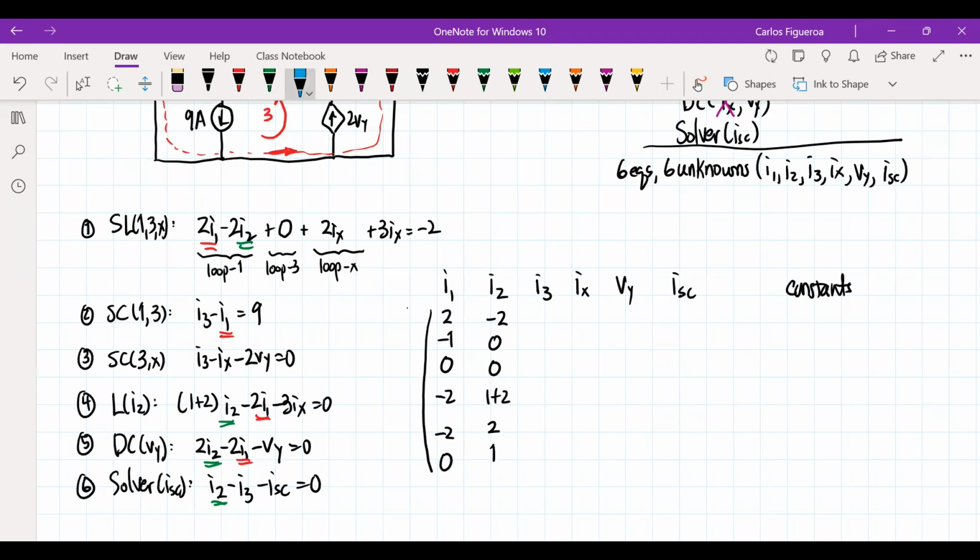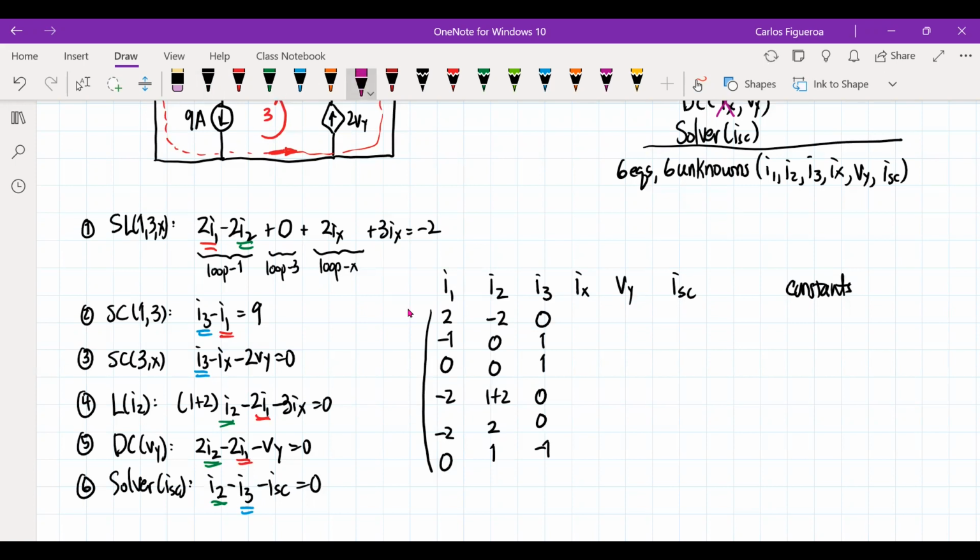Now let's go to I3. I3 here, I have it here, here, and here. So then if I write that, this is going to be 0, 1, 1, 0, 0, minus 1.